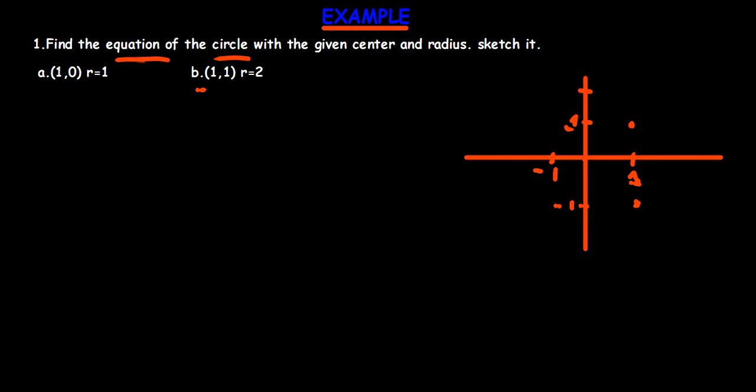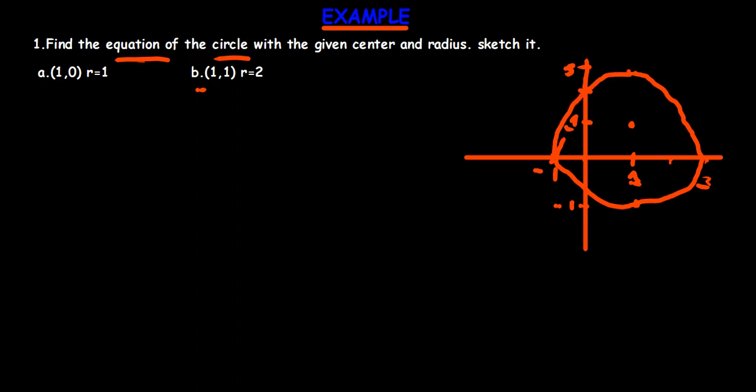From 1 to 2, then all the way up to 3. Let's say 3 is here, so it will touch there as well. Also, from 1 on the x-axis you move 2, then 3, to touch there. So you just make a rough sketch. As I said, it's very hard to draw sketches, but you make good sketches.